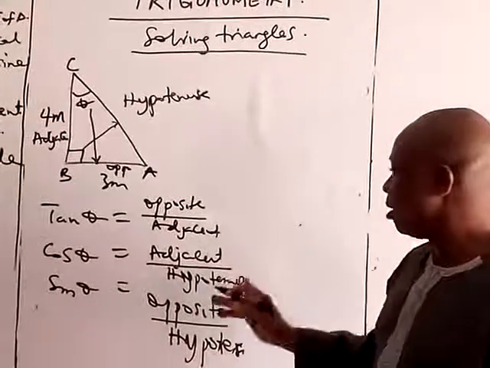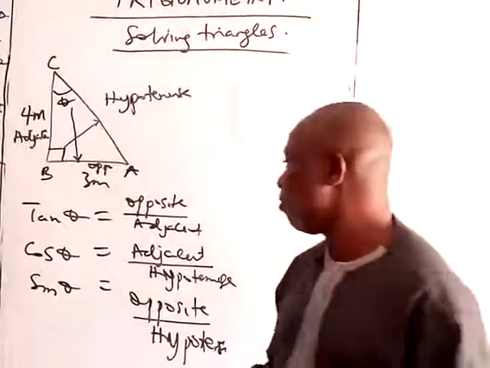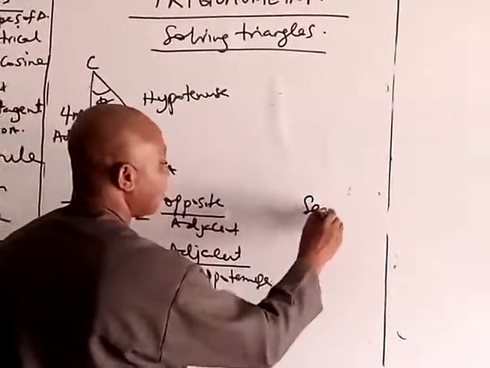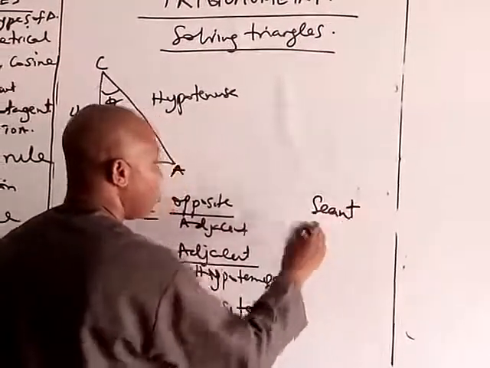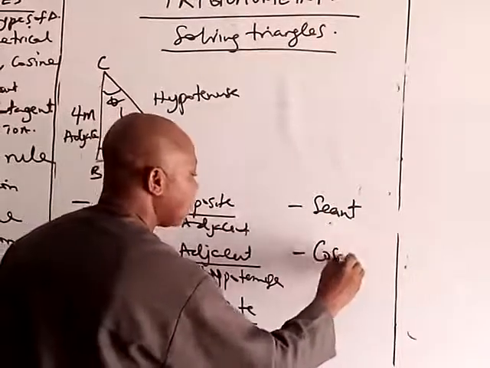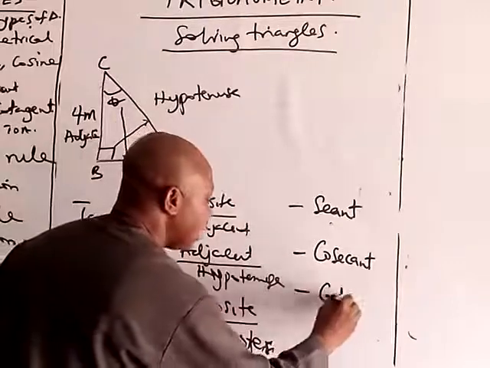We have the other three, which we refer to as the derived trigonometric ratios, where we have the secant, cosecant, and the cotangent.